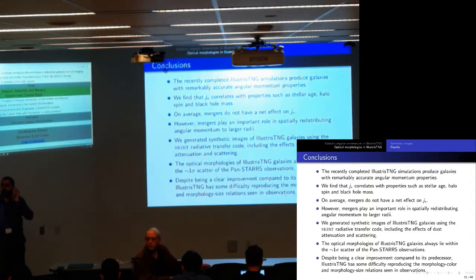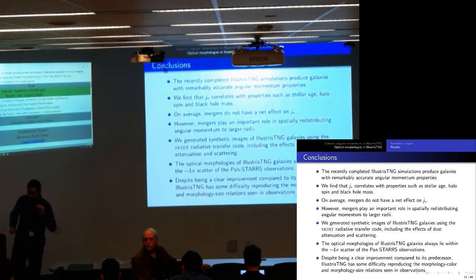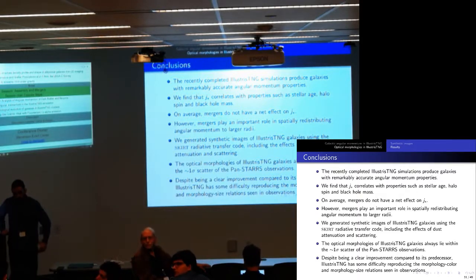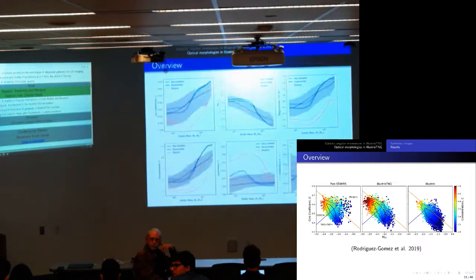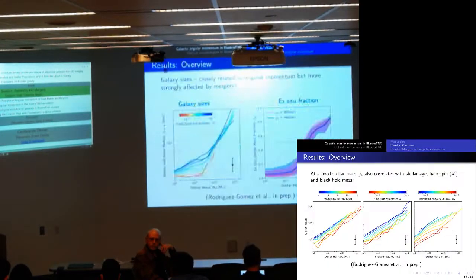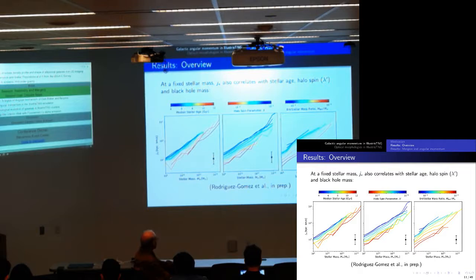Hi. So I found it interesting that in the plot where you have the stellar specific angular momentum as a function of stellar mass colored by halo spin, you have the stellar mass range 11 to 12, which is something that you had seen before in your 2016 paper, looking at the halo spin parameter.